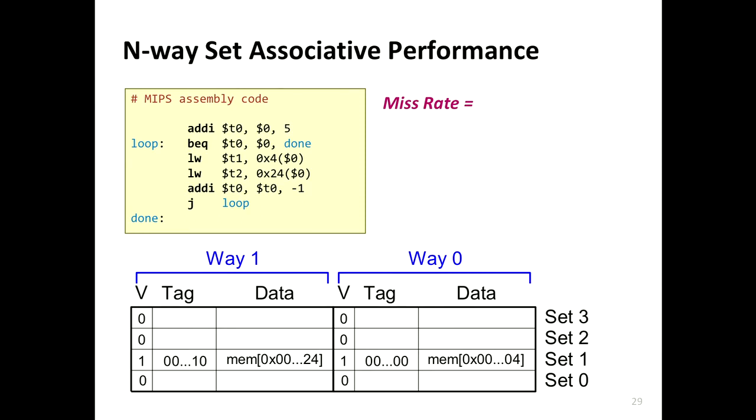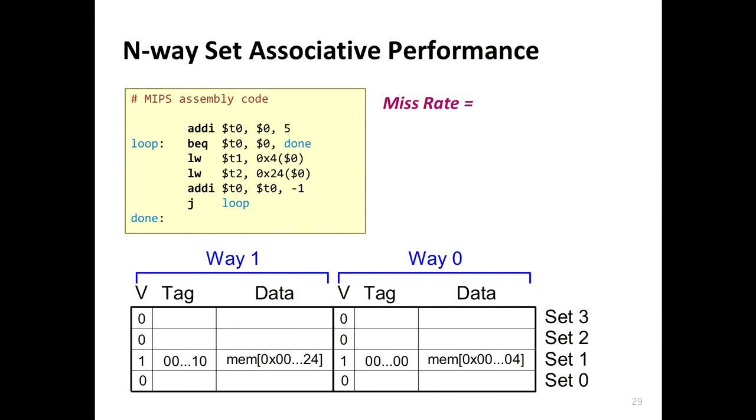Yeah. So going back to this example, you remember you had a 100% miss rate, right? Which basically means that you have 5 code iterations, reading data from addresses 4 and 24, and in a 2-way set associative cache, both 4 and 24 are going to map to the same set. But you have 2 ways here.